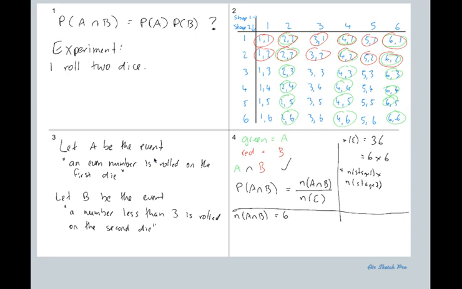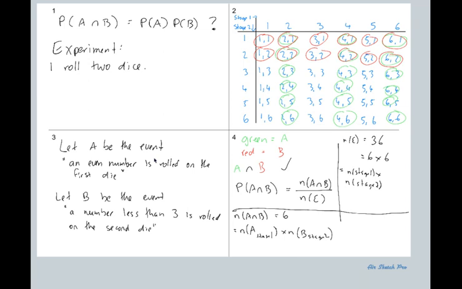Okay, so the number of matches is given by the number of matches from A and the number of matches from B. I'm glad I'm recording this because this is kind of a messy thing to be writing down. So the number of desired outcomes is going to be the number of matches in A for stage 1 multiplied by the number of matches in B for stage 2.